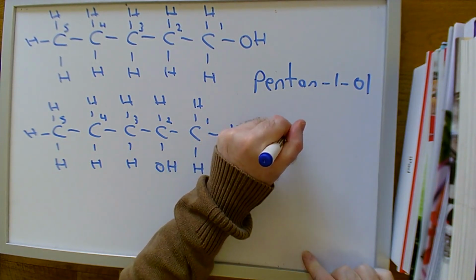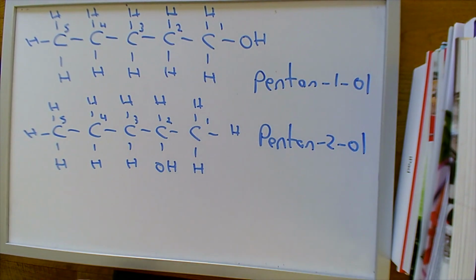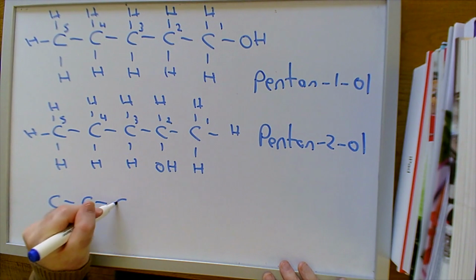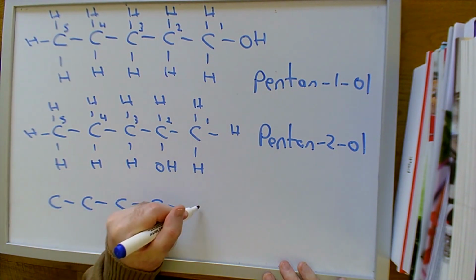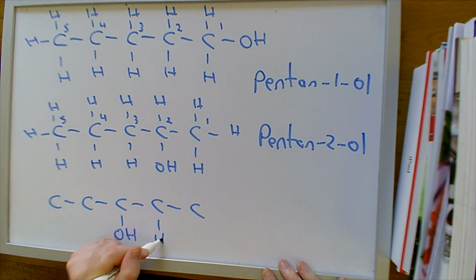So I start on the right and I number it right to left. This time the OH is on carbon 2, and it's called pentan-2-ol.